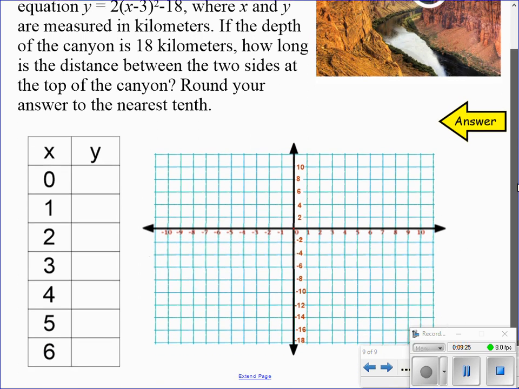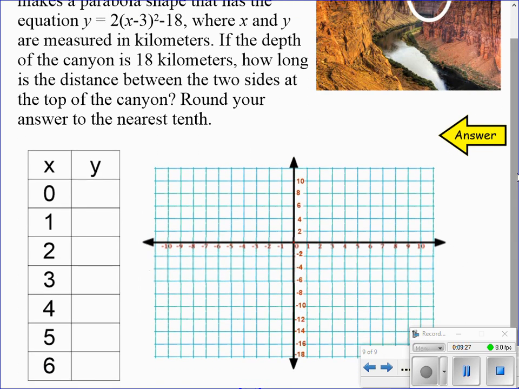So here, I'm going to make a table so I can get my parabola shape on my graph.